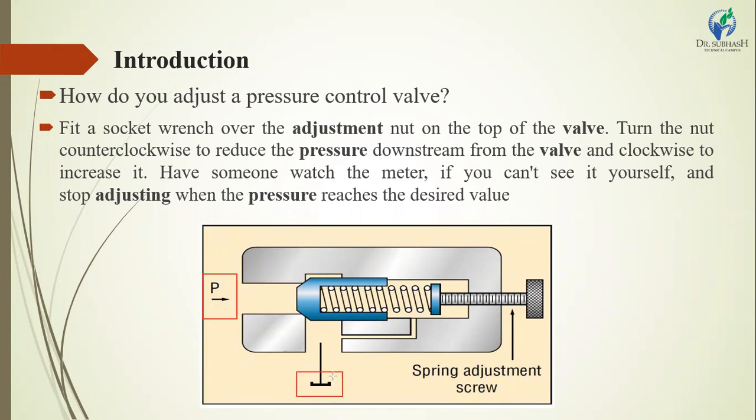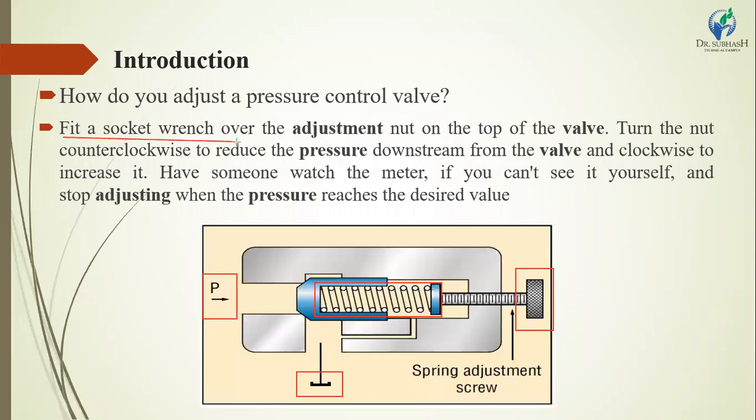This point is the hydraulic tank, meaning excess working fluid, like oil or another liquid, is drained from this position and returned to the tank. Here is the spring adjustment screw.